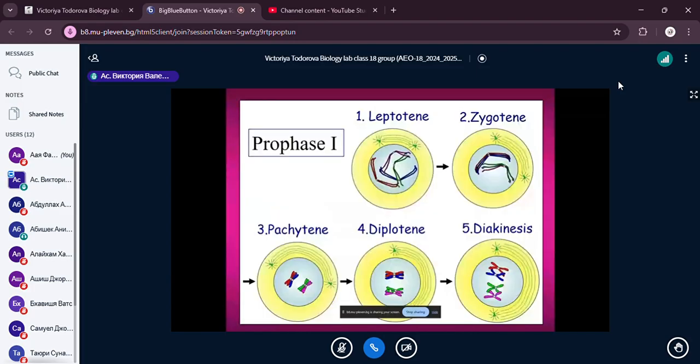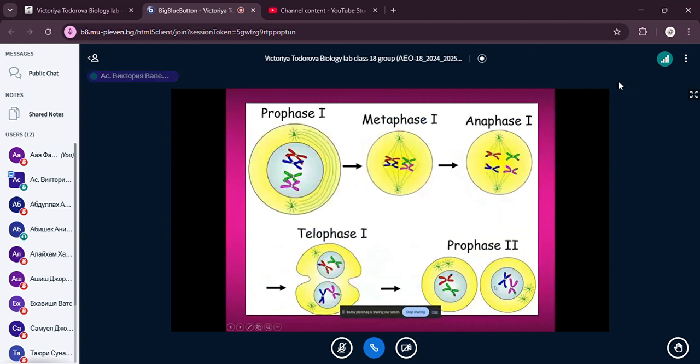And here in prophase 1, you can see all the things happening in leptotene, zygotene, pachytene, diplotene, and diakinesis. Yes, and we continue after prophase 1.